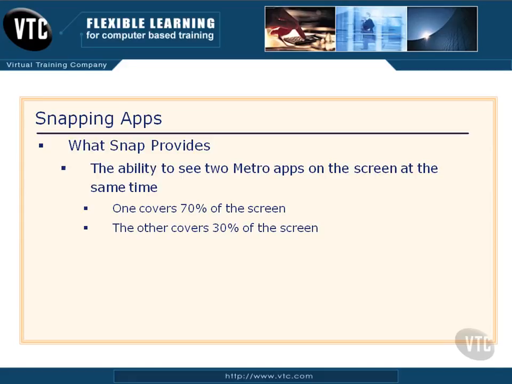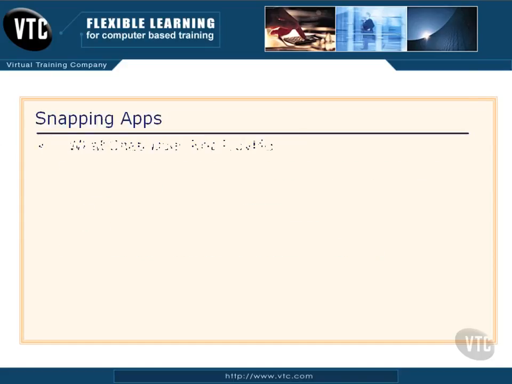What most people end up doing, so far in testing and through the beta versions and release previews to get where we are today with RTM, is predominantly work on the app on the 70% side. Some apps work really well on the 30% side, and some are totally useless there. But you can't go 50-50. It's 70-30. And again, the desktop can be one of the snapped apps, and that's turned out to be pretty useful for people this early on in Windows 8.